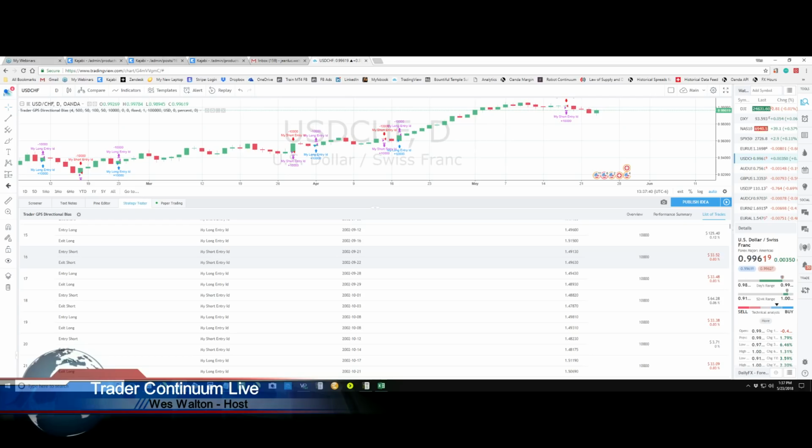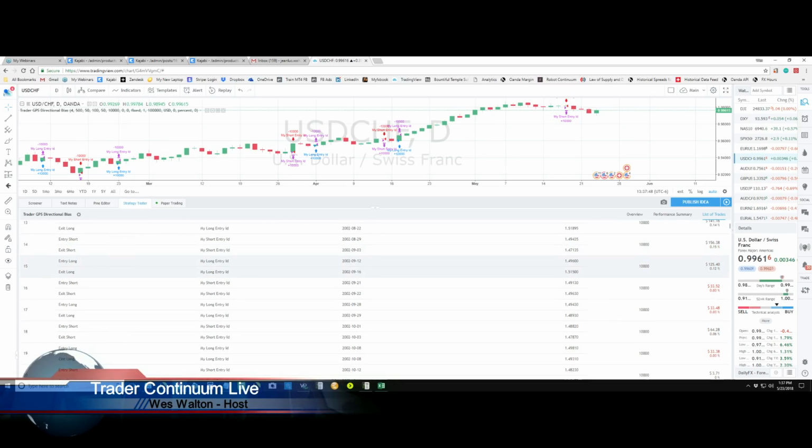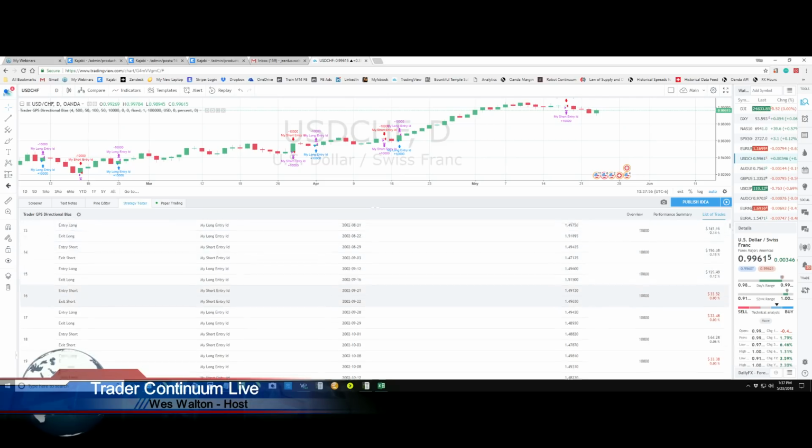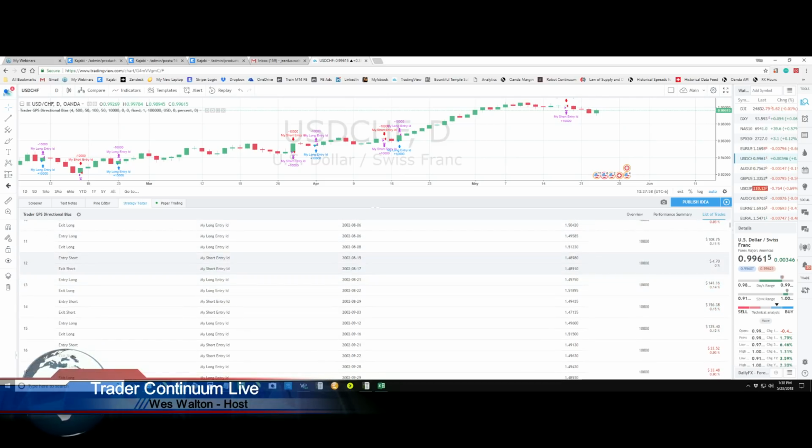In Forex, 10,000 contracts equals one mini lot. One mini lot is just about $1 per pip. That's not exactly the amount; it depends on the currency pair that you're using and all that cool stuff. But for the sake of what we're talking about, we will just say 10,000 units or 10,000 contracts is one mini lot.